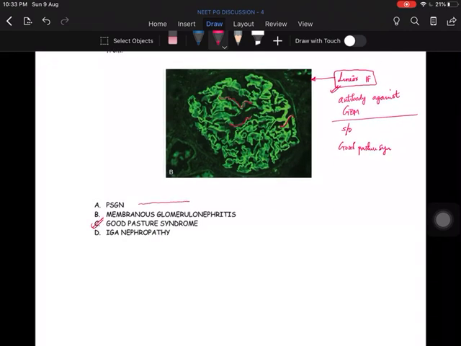Membranous glomerulonephritis and PSGN, the pathophysiology is immune complex deposition, so they will show granular immunofluorescence. And IgA nephropathy will show mesangial immunofluorescence. Okay, thank you.